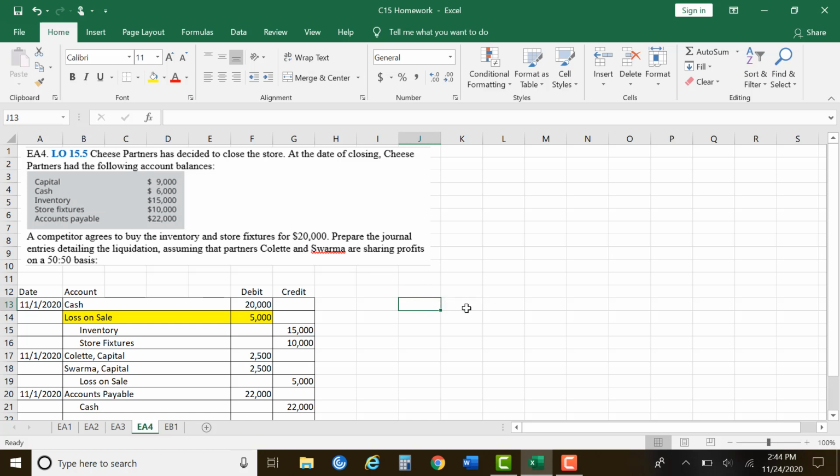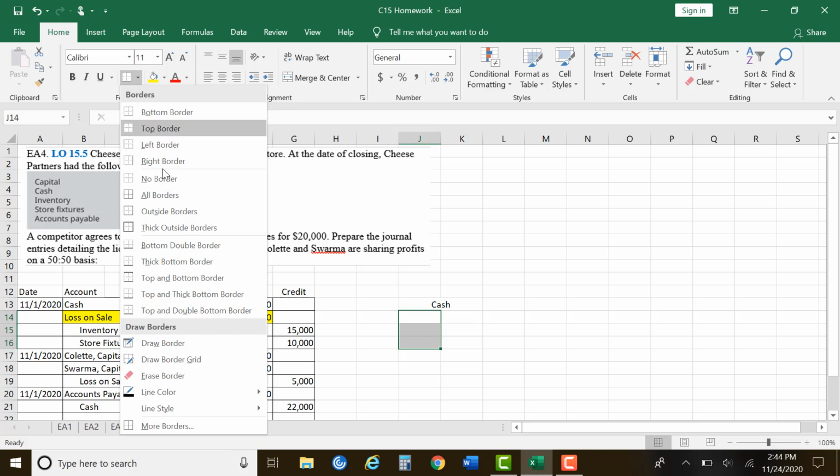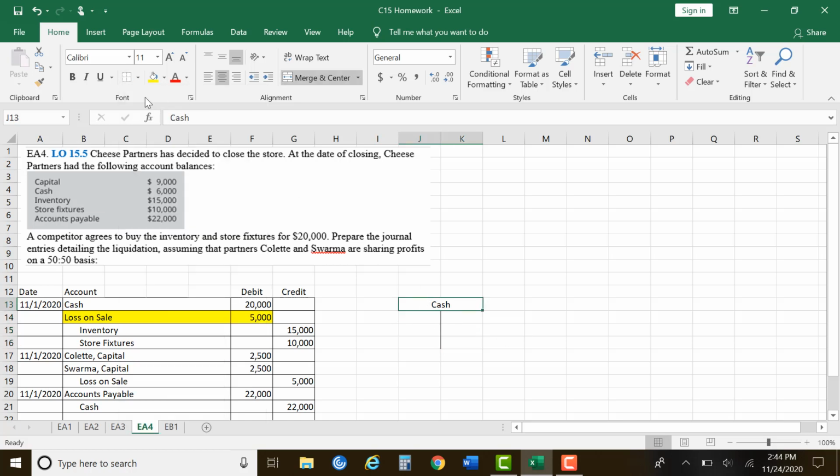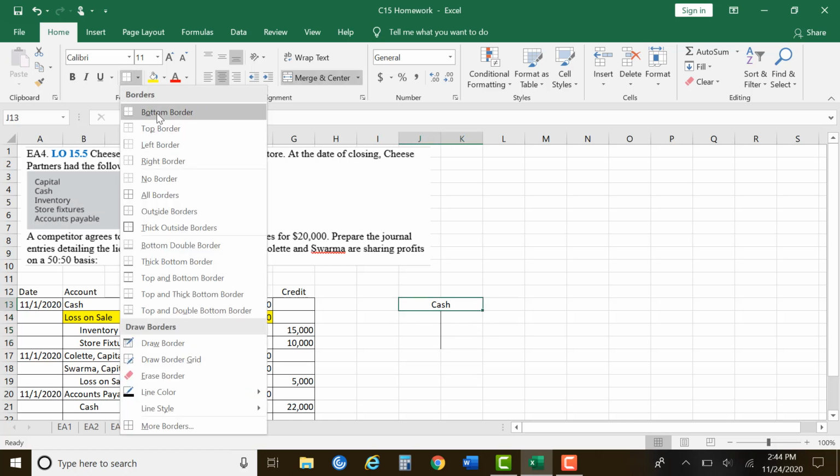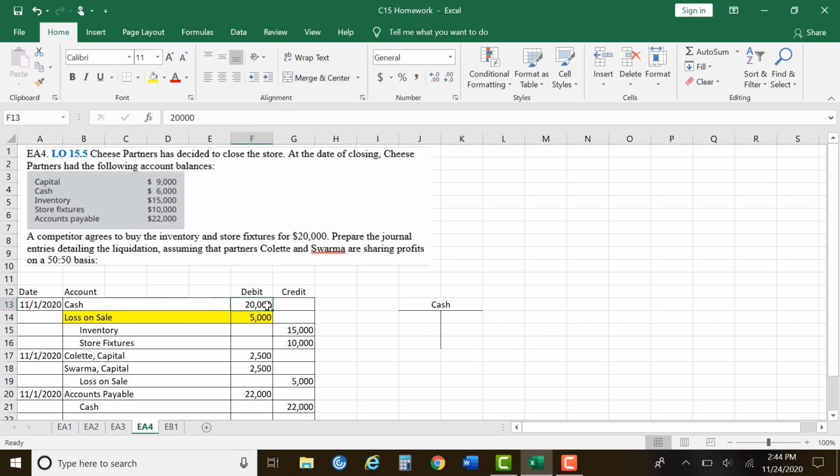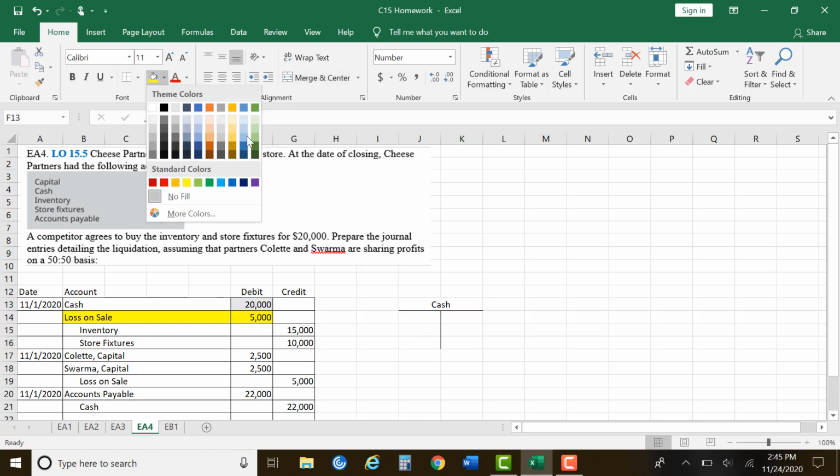All right, let's just break this down as I'm going through it so we can see where we're at. So we have cash, and let's just do a little T account right here. We had a debit here of 20,000.